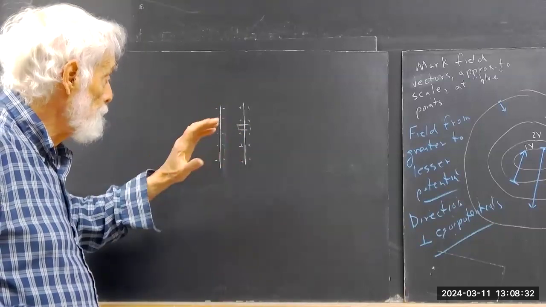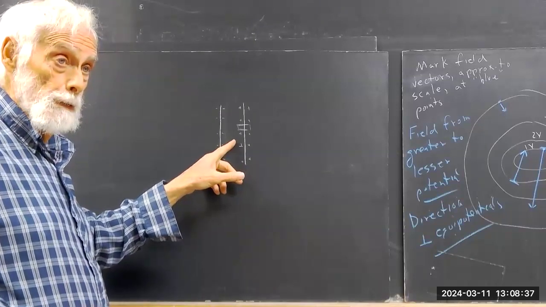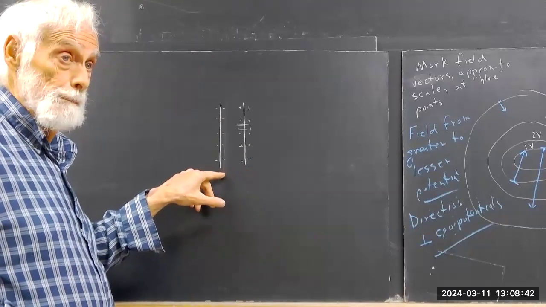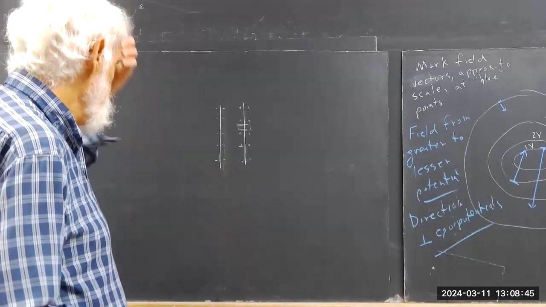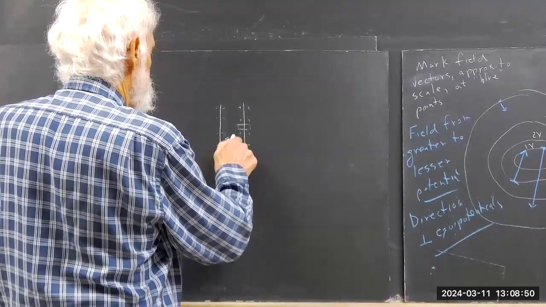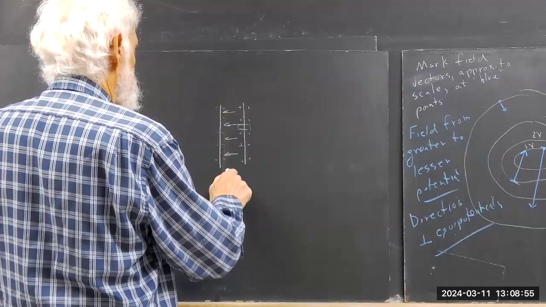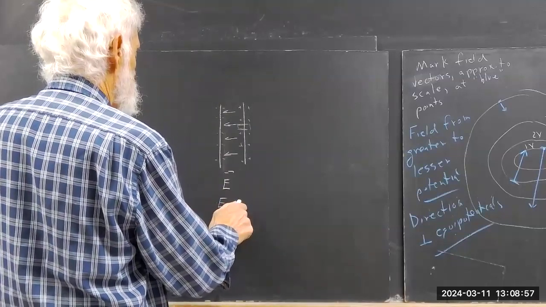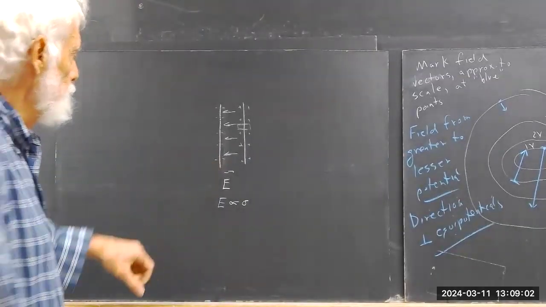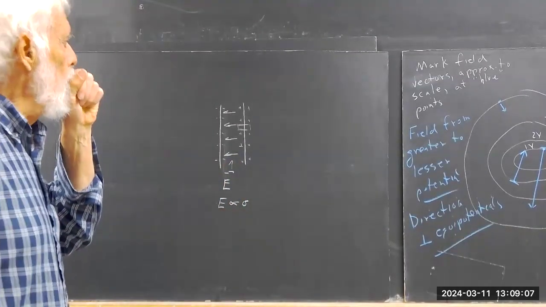By Gauss's law, you figure out you've got a uniform electric field here that's proportional to the charge density. So you've got your electric field and it's proportional to sigma.